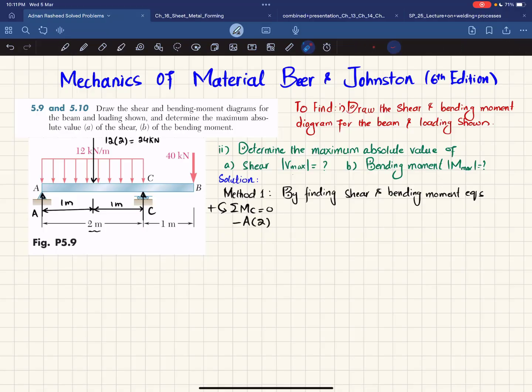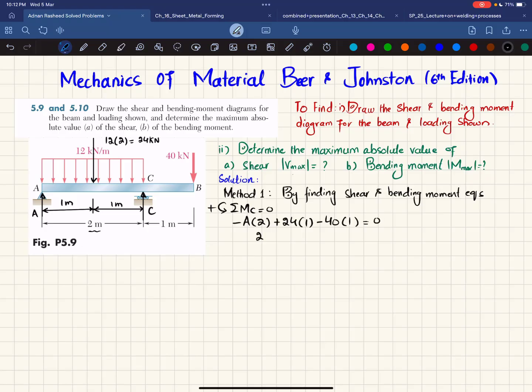The second load that is producing moment about point C is this 24 kilonewton, and the perpendicular distance is 1, and this is producing counterclockwise moment, so it will be positive. So I will write 24 multiplied by 1. And the third moment is produced by this 40 kilonewton load, and the perpendicular distance is 1, and this is clockwise, so it will be negative. So I can write minus 40 times 1 is equal to 0.